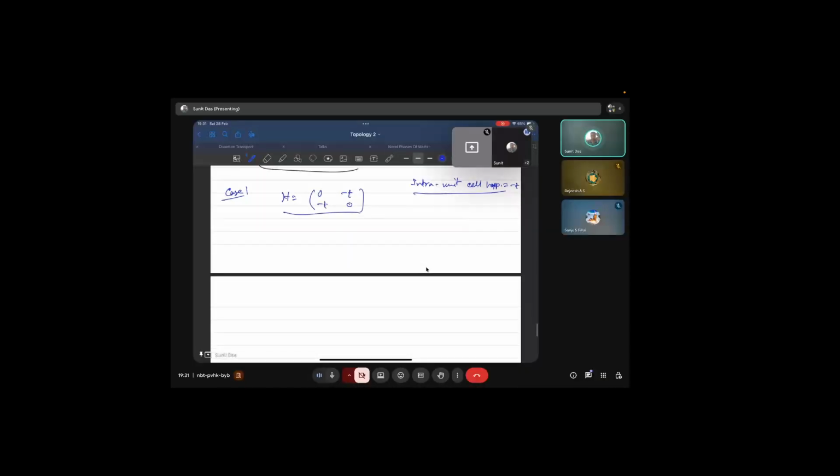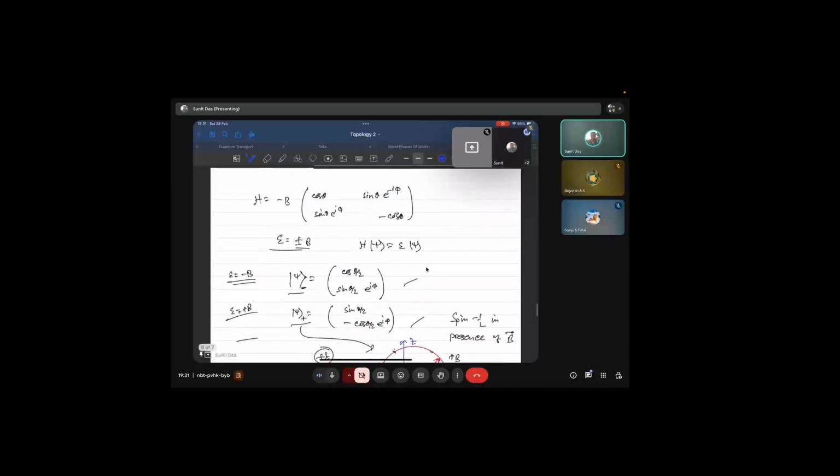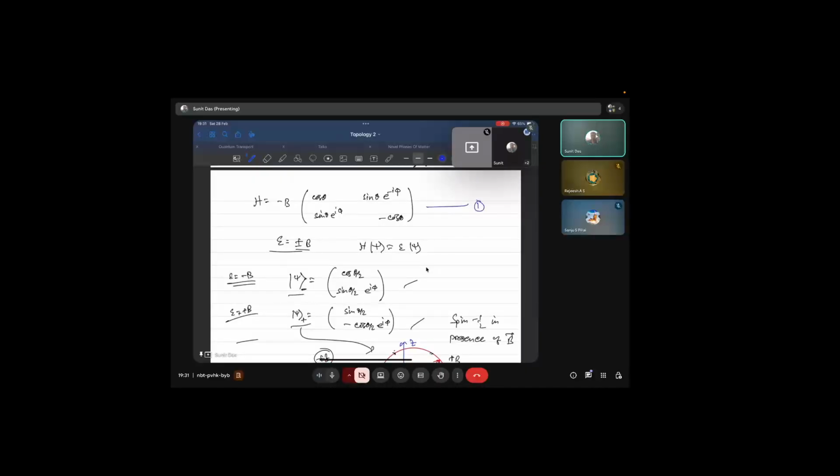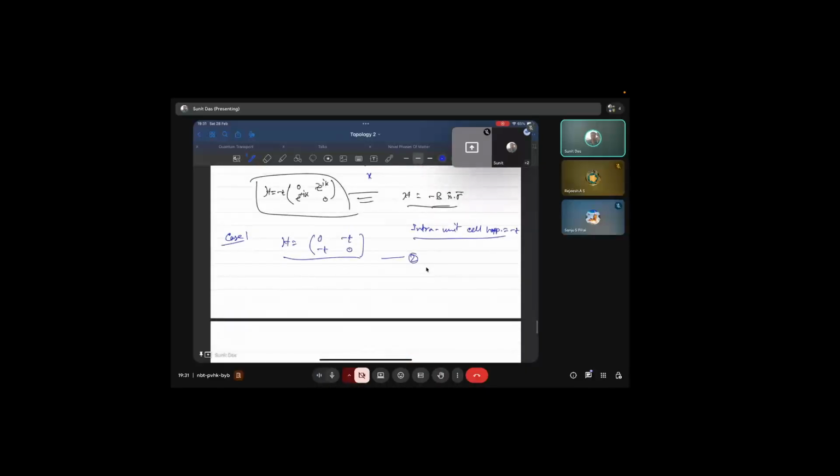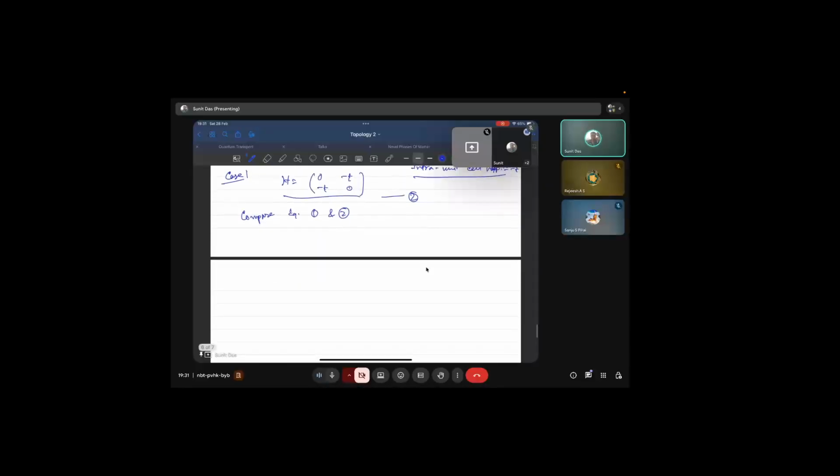So this was our Hamiltonian for case one. So if you map this Hamiltonian to this scenario, let's make it equation one and equation two, so compare one and two. Okay. So what you map here is that we have bx equal to minus t, by equal to 0, bz equal to 0, right?